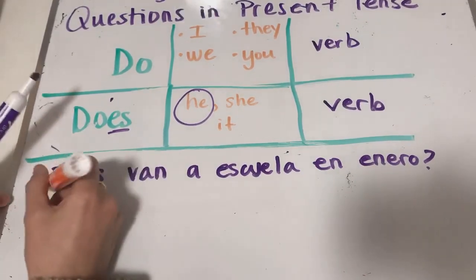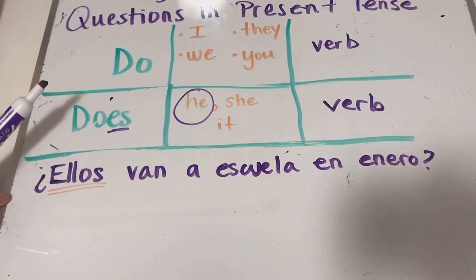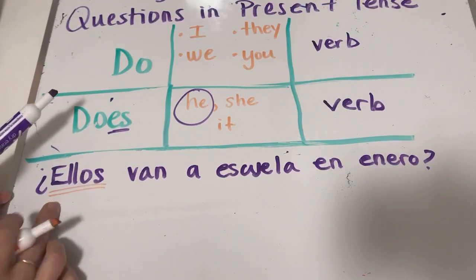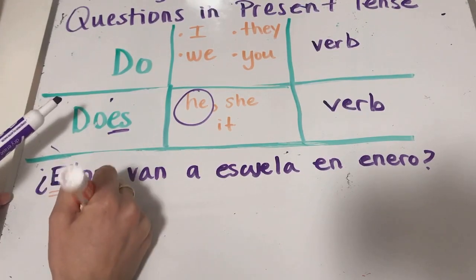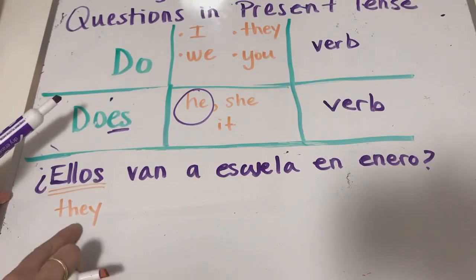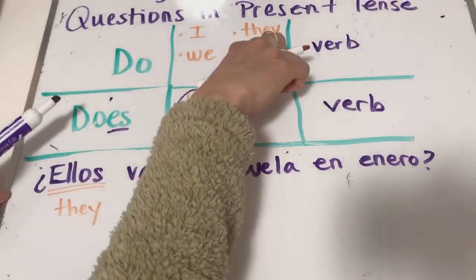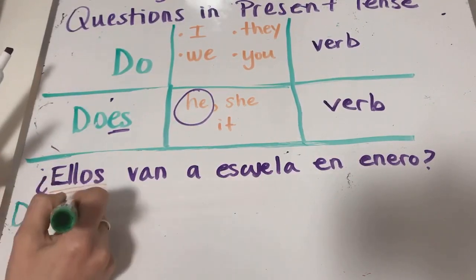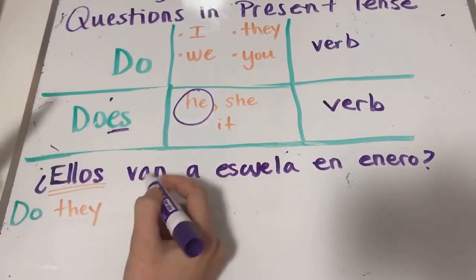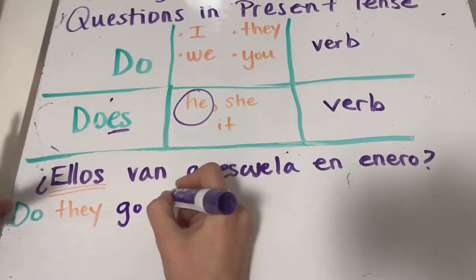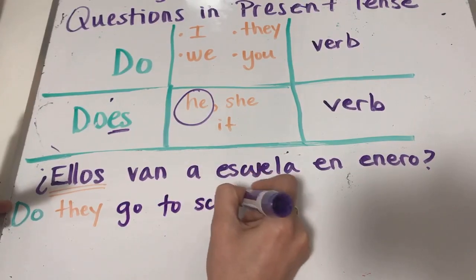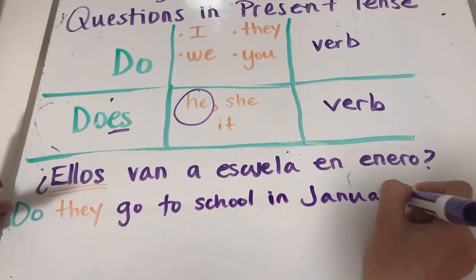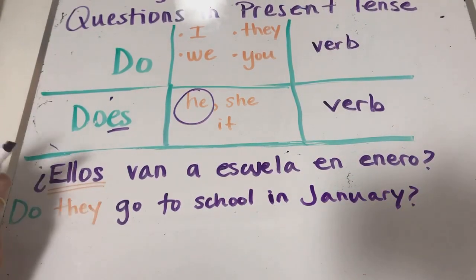And the answer is ellos. Ellos. Okay, so when the subject, el sujeto, ellos representa they. Entonces, cuando tenemos el sujeto ellos, they, usamos do. Do they, and then el verbo go, a escuela, to school, in January? Do they go to school in January?